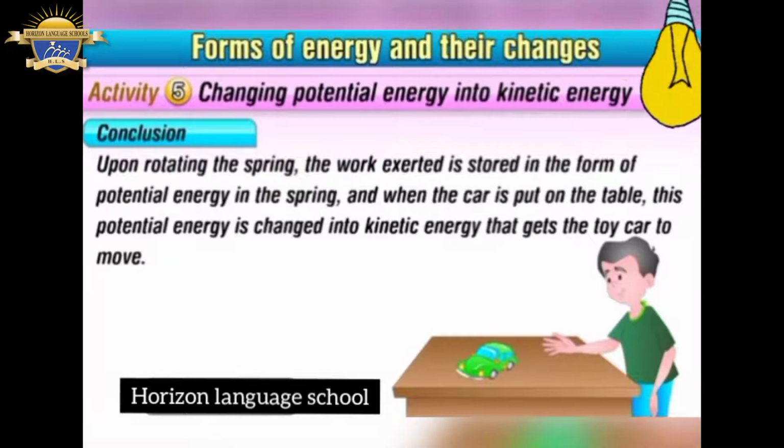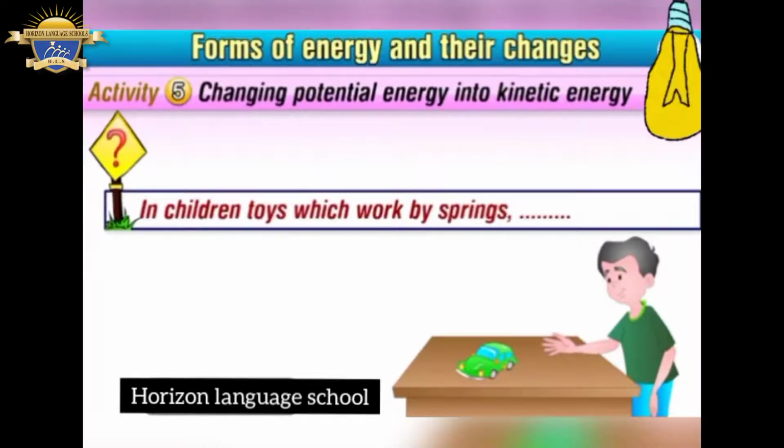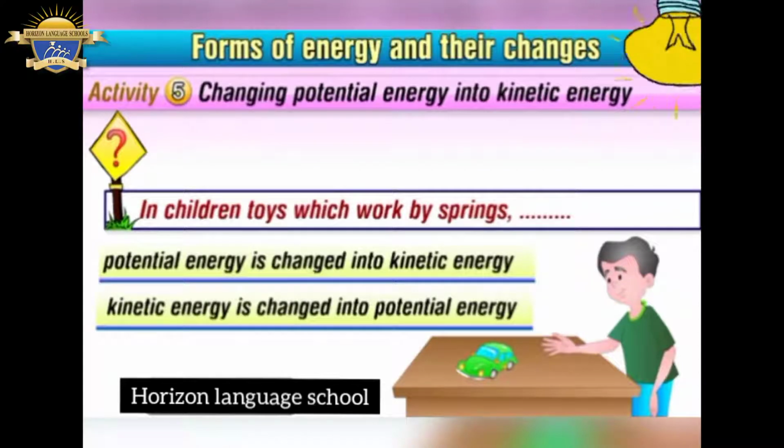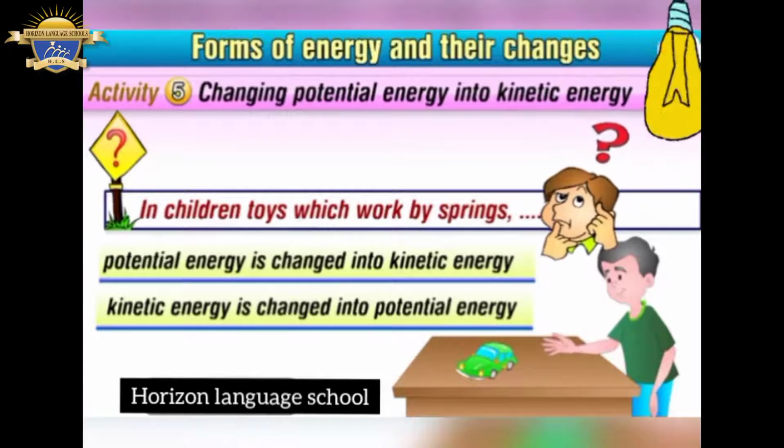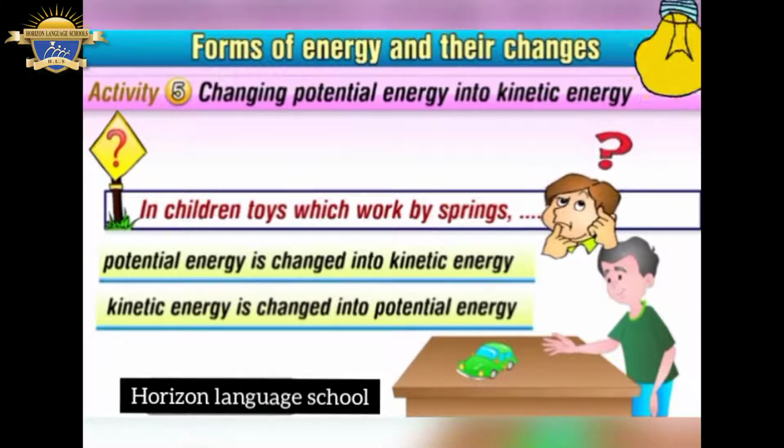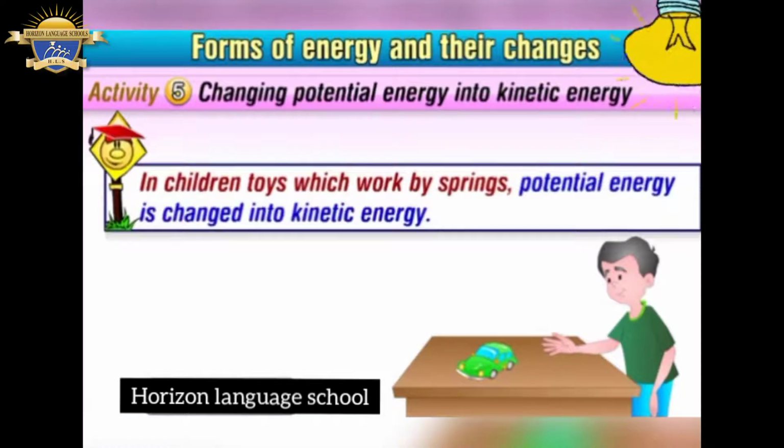Okay, so question. In children's toys which work by springs, is potential energy changed into kinetic energy, or is kinetic energy changed into potential energy? Think. Right, potential energy is changed into kinetic energy.